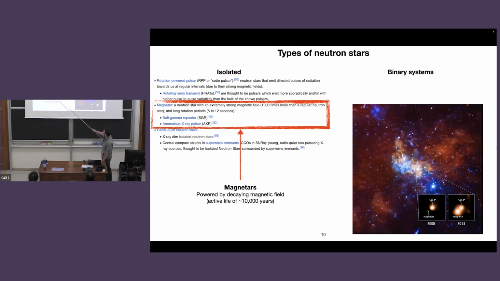Magnetars also have a lot of emission, but in this case it is powered by the decay of the magnetic field, not by the loss of rotational energy. That's also why magnetars have a relatively short lifetime in terms of that emission. Their active life is only about 10,000 years, until the magnetic field has decayed.